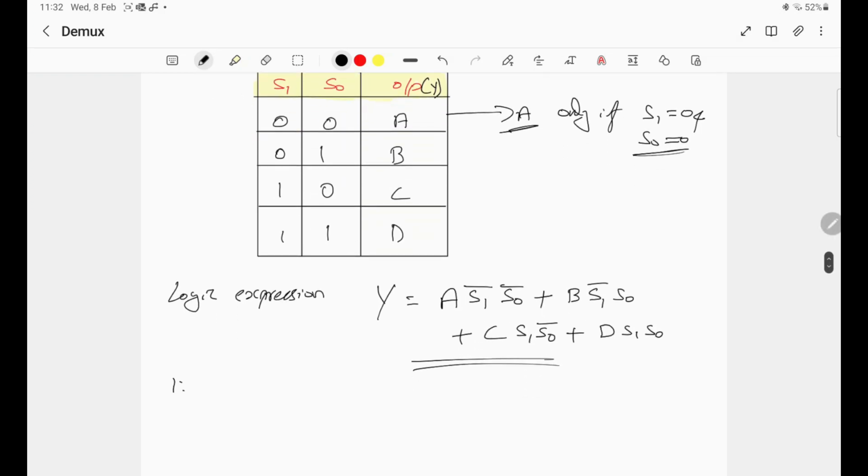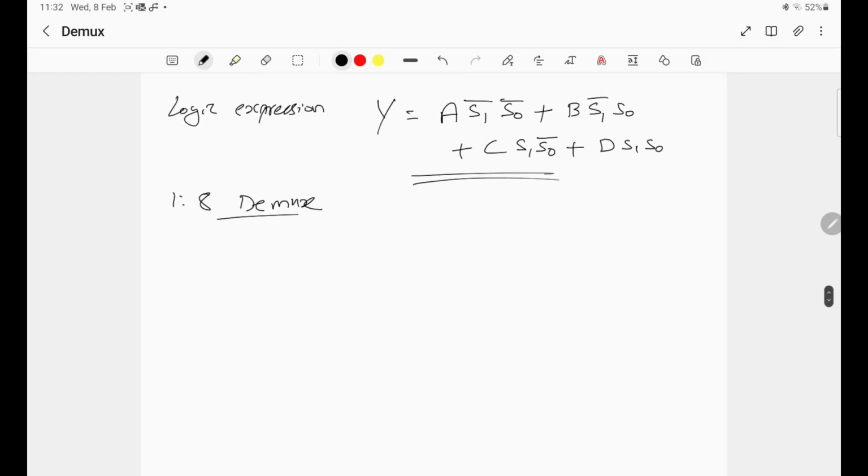Similarly, we can also draw or design a 1:8 Demux. In a 1:8 Demux, we will have a single input, again a single input, but we have 8 output lines because it is a 1:8 Demux.